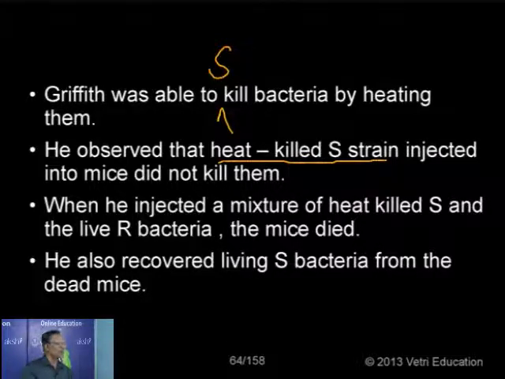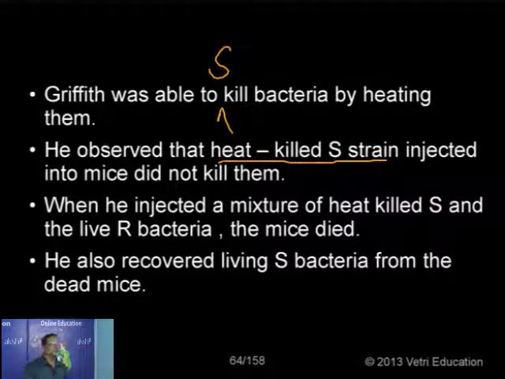As the DNA is highly stable, it tolerates the high temperature treatment. So the DNA was alone and all other materials disappeared. That is why when the heat-killed S strain was injected into the mouse, the mouse stayed alive. There was no mucus coat to cause death, because the mucus coat alone is responsible for causing death as it acts as a toxin.